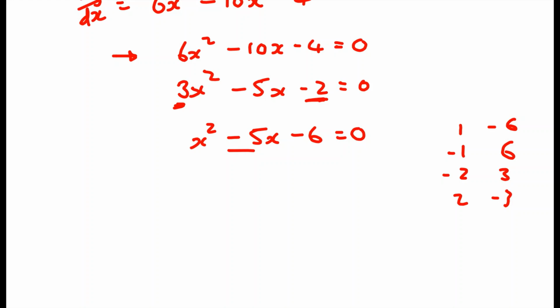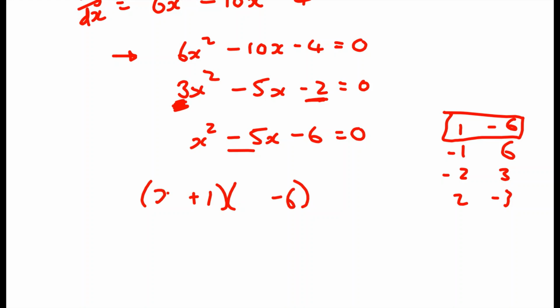So that pairing would be the top one, 1 and negative 6. So that is what's going to go inside your brackets: plus 1 and negative 6. But we're actually dealing with 3x, so we're going to put 3x in the front of our brackets.